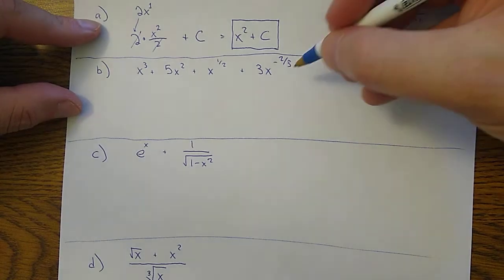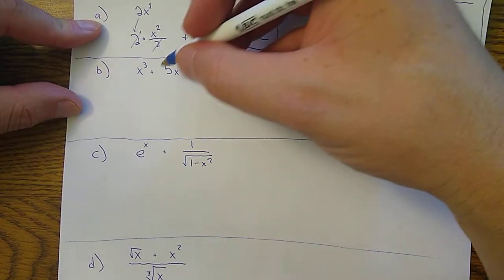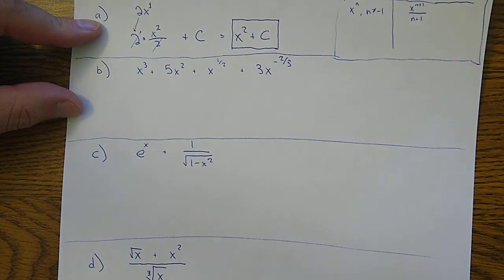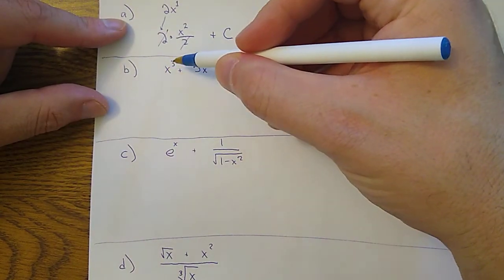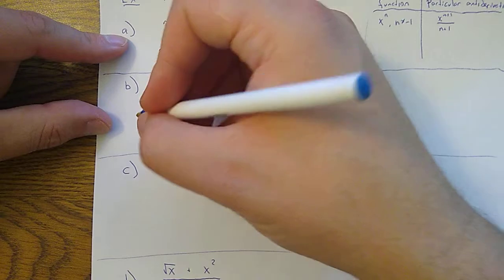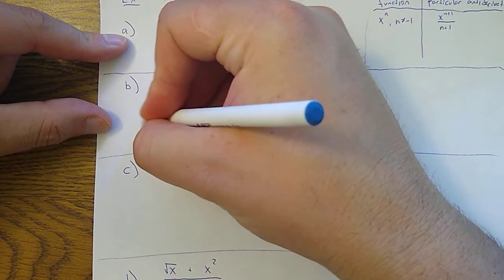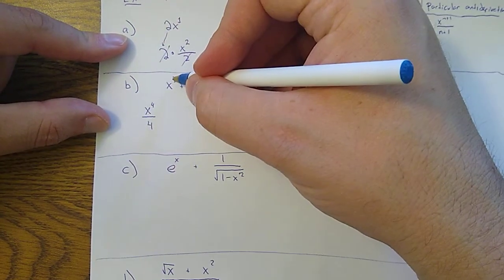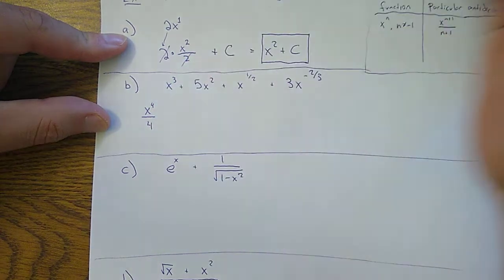So let's do that a few more times. This one is similar. It's just involving different powers of x. So this is x cubed, so I'm going to go x to the 4th over 4. You raise the power, and then you divide by that same number.